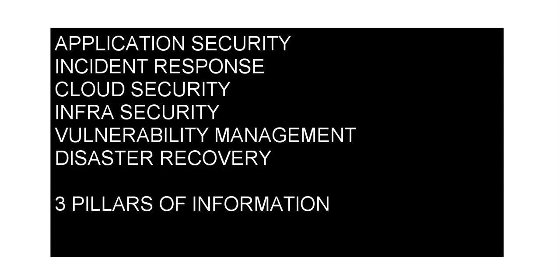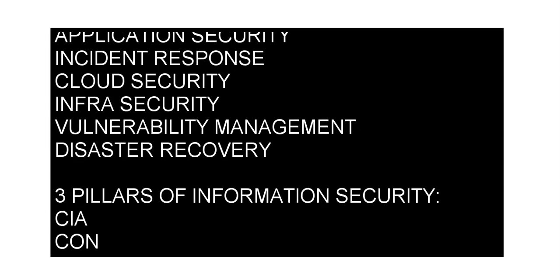So you have three pillars of information security. What are those? You have confidentiality, integrity, and availability, or CIA. So what does C symbolize?